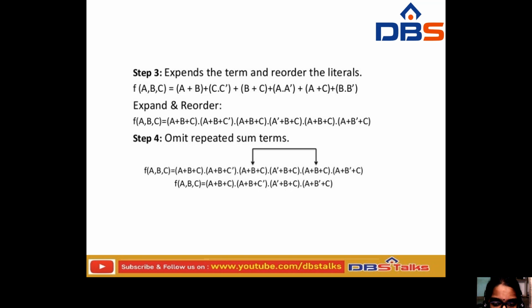See, here a plus b plus c, we have expanded this expression.